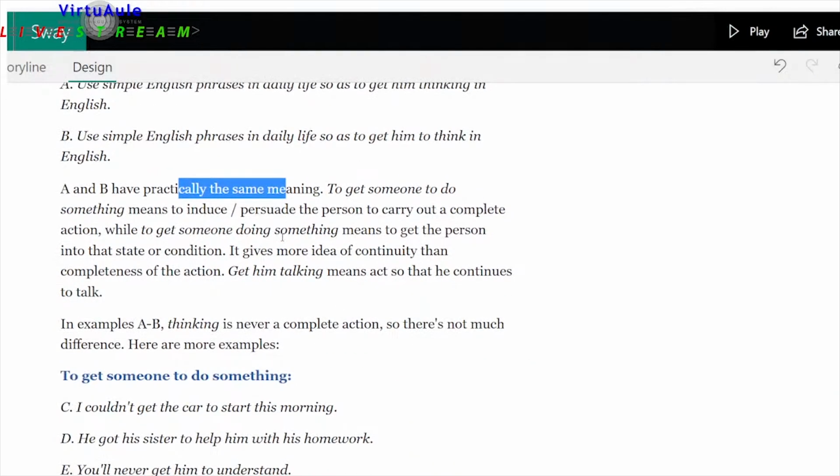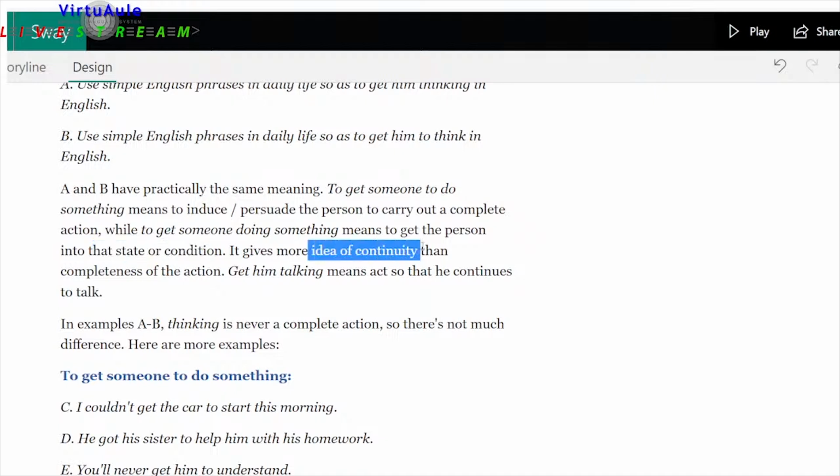To get someone to do something means to induce or persuade the person to carry out a complete action, while to get someone doing something means to get that person into that state or condition, the state of thinking. Okay, it's very subtle.